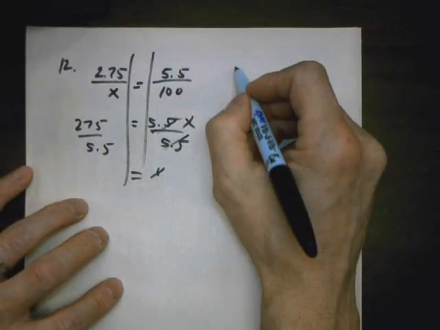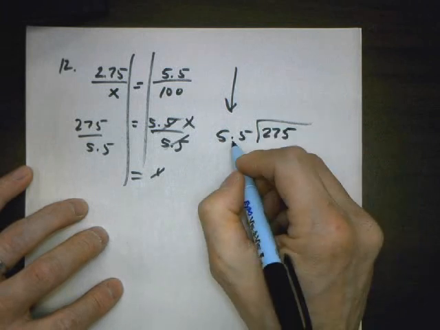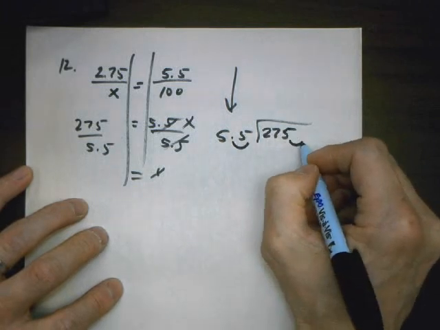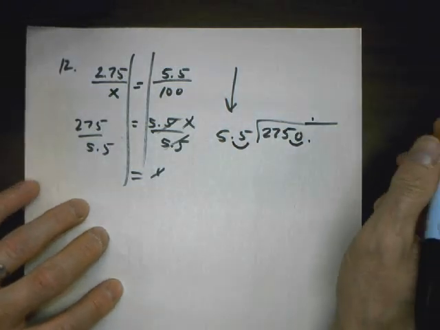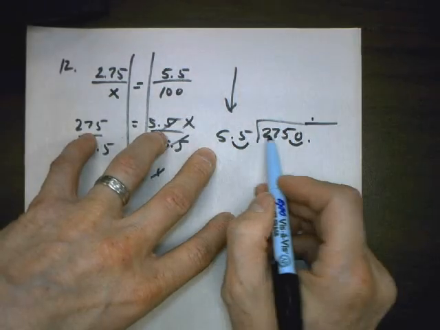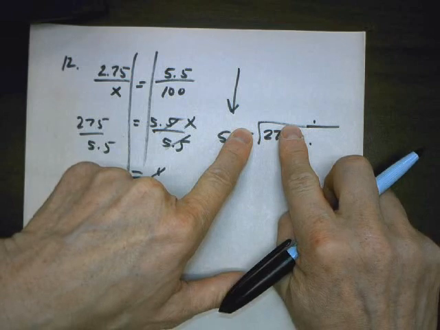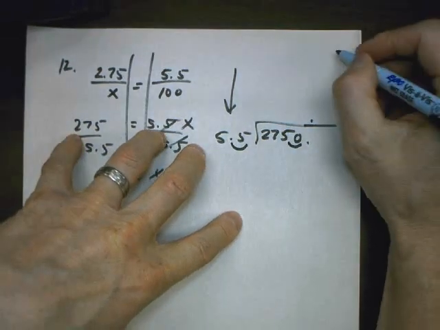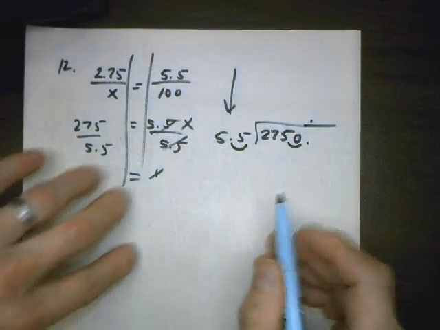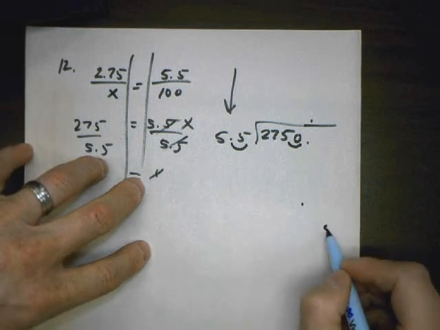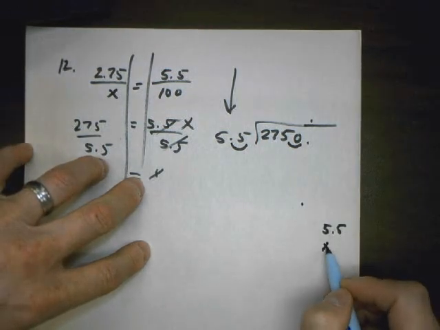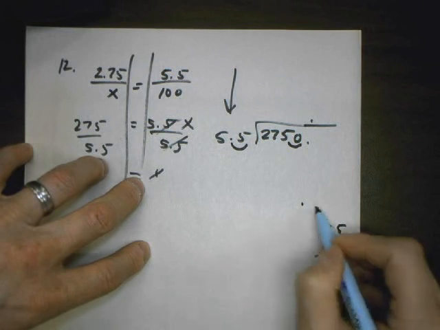Now, when I'm dividing by a decimal, if this number on the outside or divisor has a decimal, I have to move it. But if I move that, I've got to move it here too. Now, 55. How many times does 55 go into 275? Well, how about 5 into 27? That's about 5 times. So I'll go over here and I'll check that. Maybe down here I'll go 5.5 times 5. I got 25.